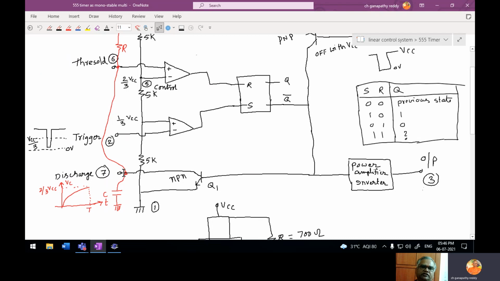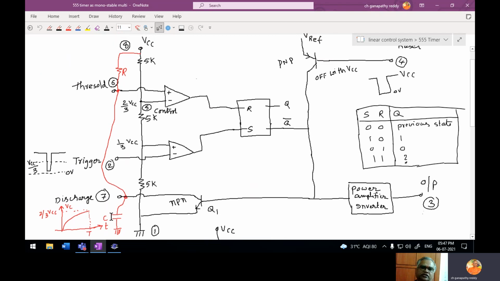This 6th and 7th are shorted. 6th pin is the threshold. 7th pin is also shorted. Here there is a connection. So 6, 7 shorted. There is a capacitor C. Capacitor C charges through this resistor, charging towards VCC. Okay. So that we'll see later.